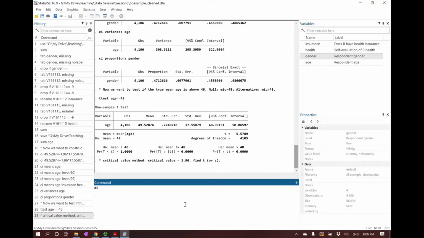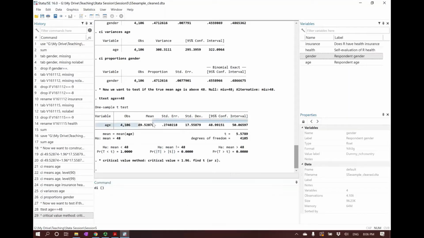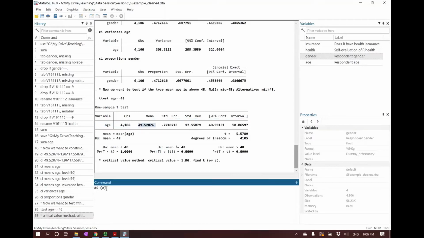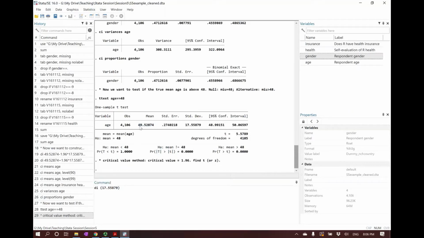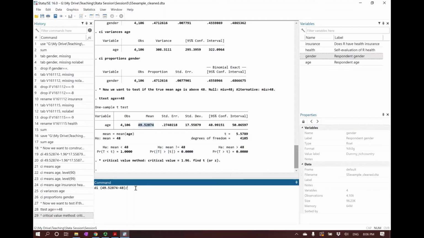So display, I have to have x bar, which is 48. So x bar 48 minus mu 0, which is the value under h naught, divided by the standard deviation divided by the square root of n, 4106.